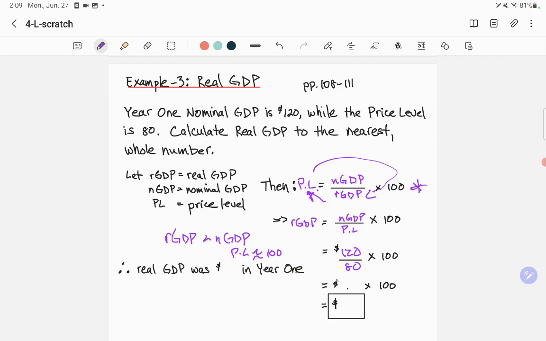That was close. Ah, right, 4 goes into that. So that's $1.5 times 100. That's $150. Real GDP was 150 in year 1.